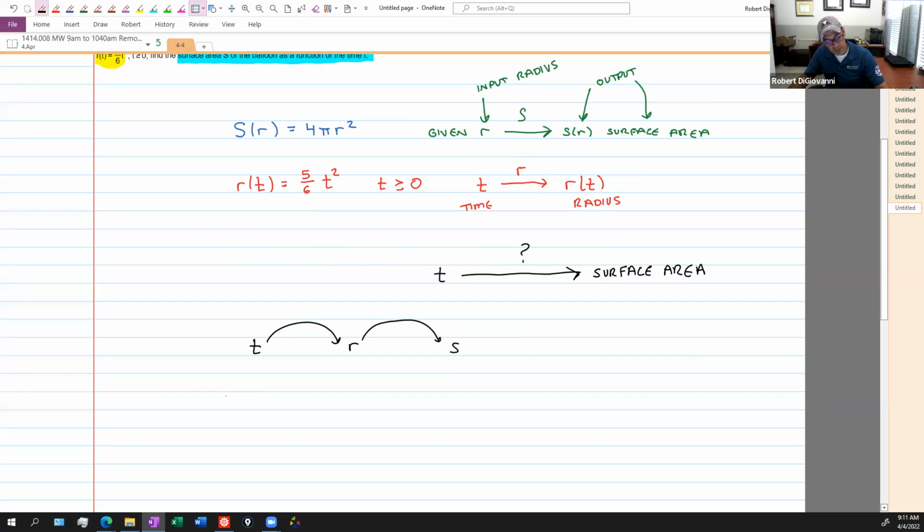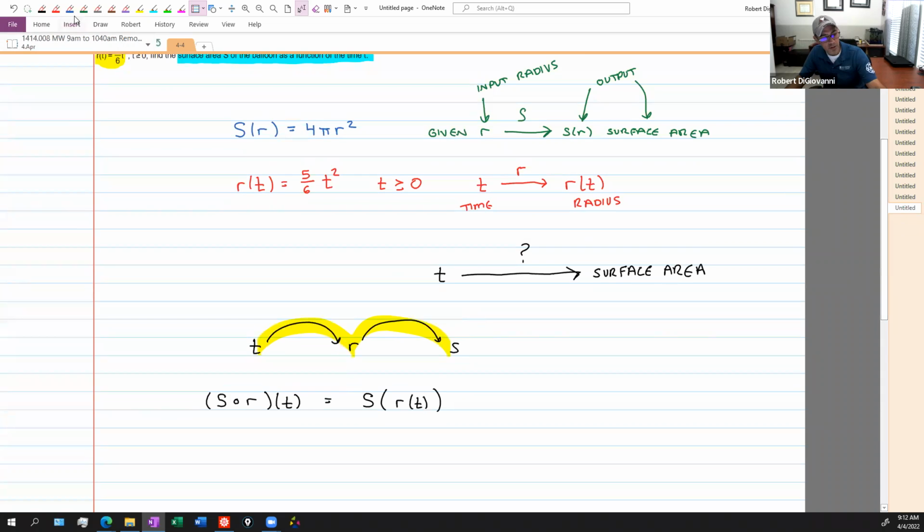We would have to do something like S of R of T. In other words, we take the surface area and we plug into it the radius function. The radius function depends on T. Once we get that, we plug that in the surface area and we get the surface area. Can y'all see that? This chain of events, T to R, R to S, is really just composition, just passing something through two functions.